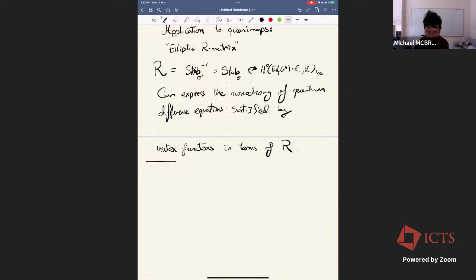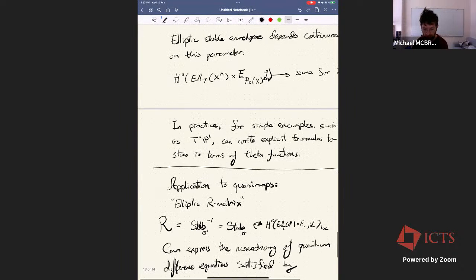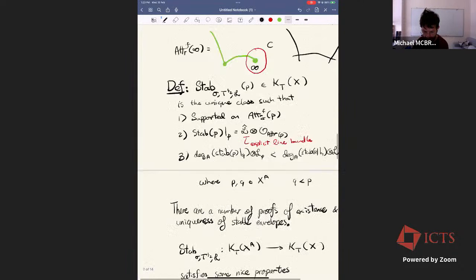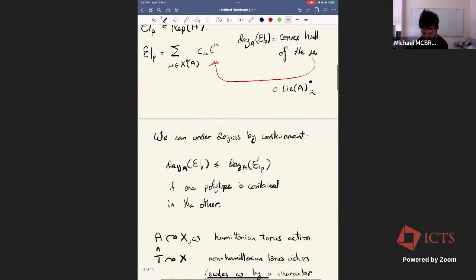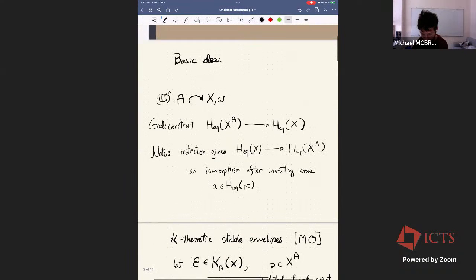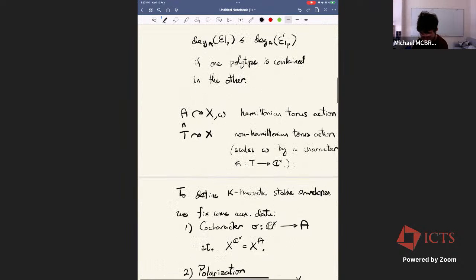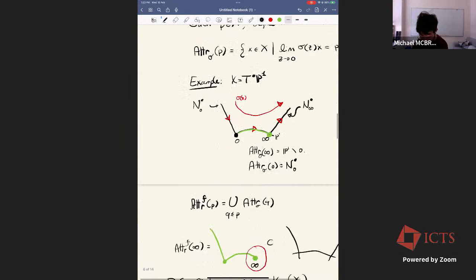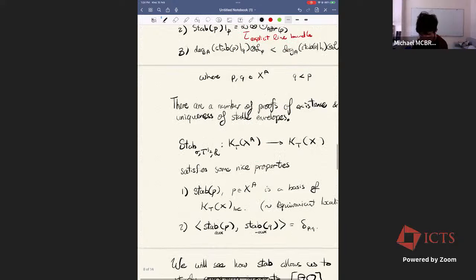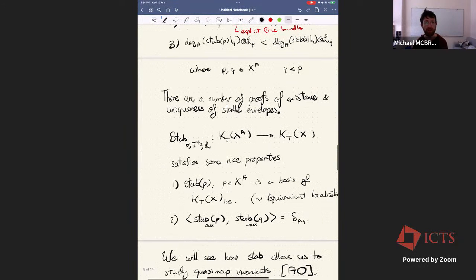So there's not an inverse in ordinary, let's say, K-theory, but there is an inverse once you localize around parameters, because I claimed at the very beginning that the stable envelopes form a basis. Where did I claim that? It's here, got it.